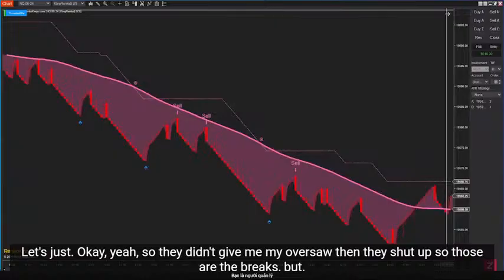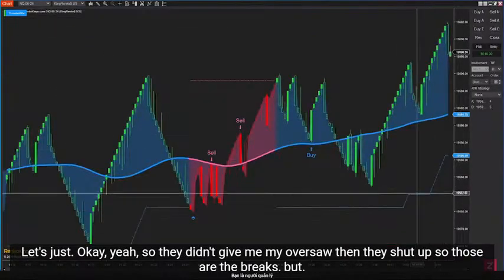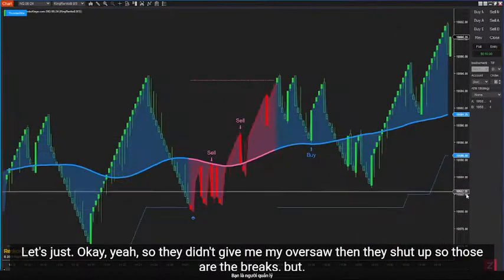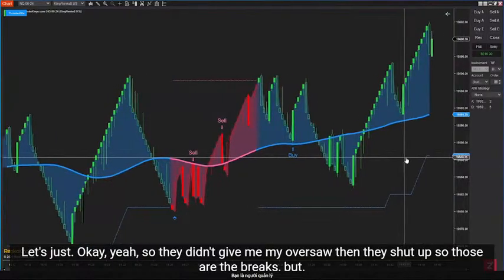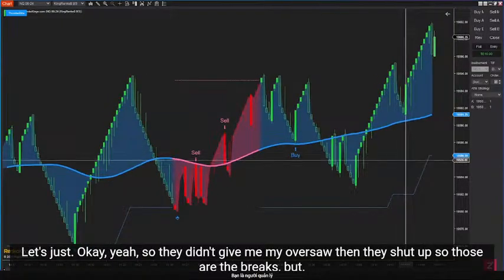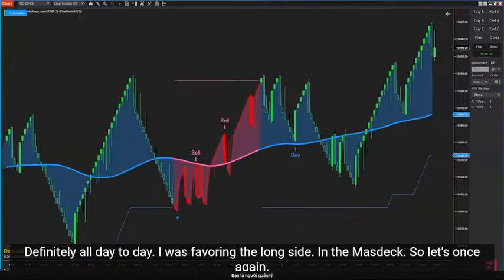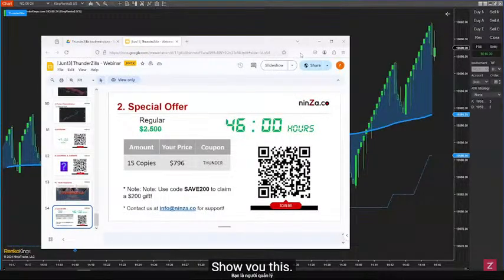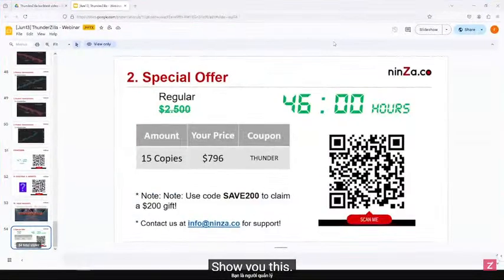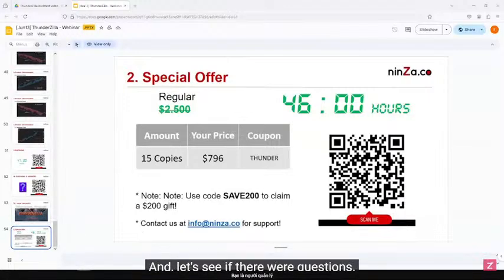And let's just, okay, yeah, so they didn't give me my oversold and they shut up. So those are the breaks, but definitely all day today, I was favoring the long side in the NASDAQ. So let's once again show you this. And let's see if there are more questions.